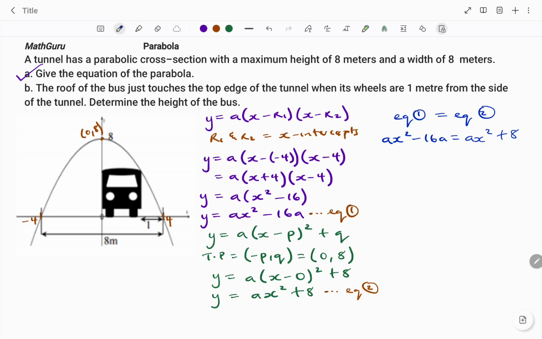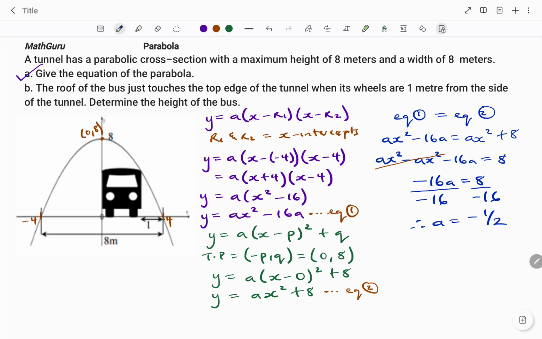So I have ax squared minus ax squared minus 16a equals 8. Ax squared minus ax squared goes off, that's 0. Then I have minus 16a equals 8, dividing both sides by negative 16, I'm going to have my value of a, which is minus 1 over 2.